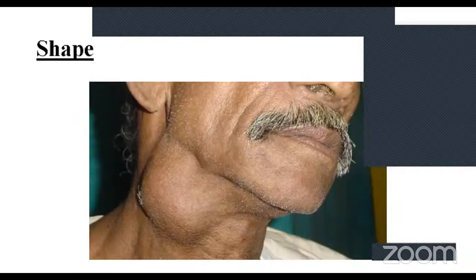Next, the shape. Most of the time, even the shape of the swelling gives us a clue. It can be spherical, globular, or ovoid, or regular shaped. But don't say butterfly shaped for the thyroid every time. Only if both lobes, including the isthmus, are enlarged does it look like a butterfly, not all swellings.